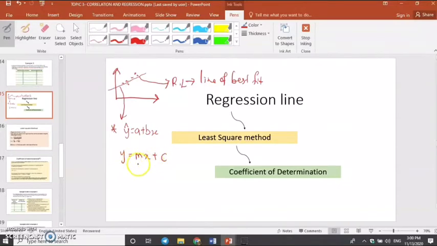Do you remember? m represents kita punya gradient ataupun slope, kecerunan. And c is the intercept, which is titik persilangan. So this one should be our c ataupun a, and this one should be our slope, which is m ataupun b.